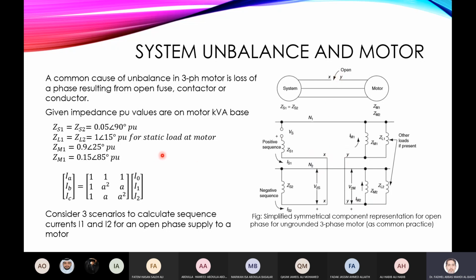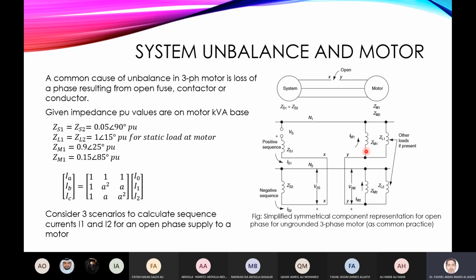Now, if we take the same parameters given in the previous slides, the source is 0.05 per unit, the Z load here is 1 per unit, and Zm1, which we already calculated, is 0.9, and Zm2 is 0.15 per unit. We'll try to find the current.